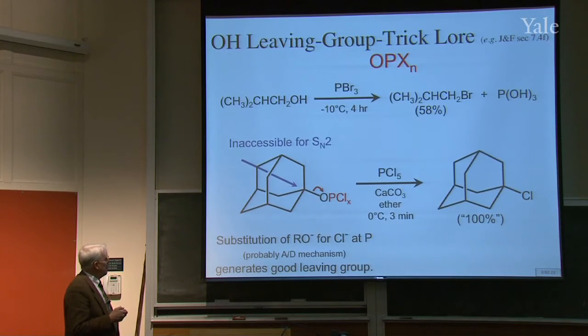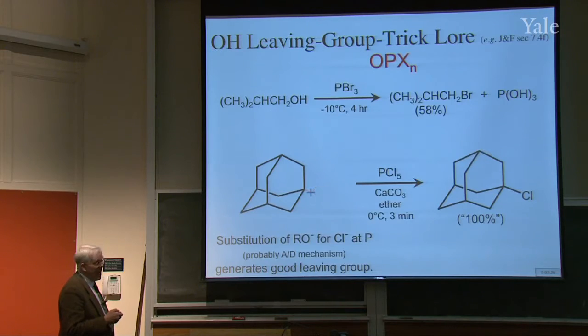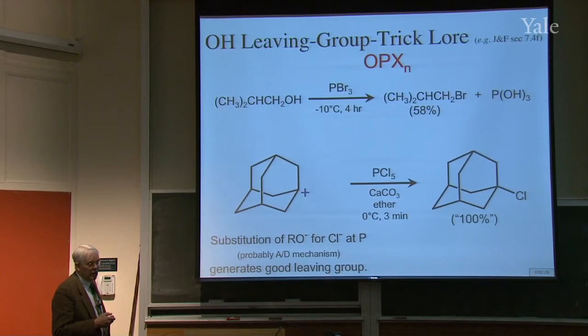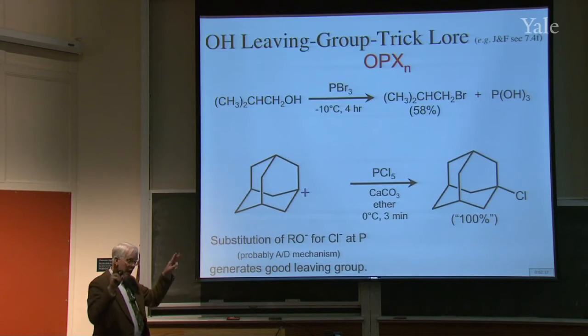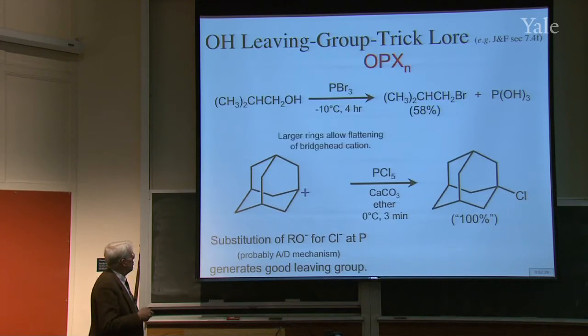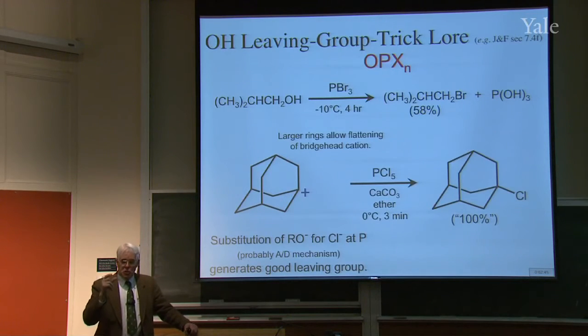The alternative, remember, was to have it leave and leave a cation, right? Just leave without the help from being pushed backside. But what we learned from this, the fact that we get a 100% yield, is that we can do that. So these rings are bigger. Remember the one that Bartlett and Knox made? The bridges were 2 carbons, and 1 carbon.